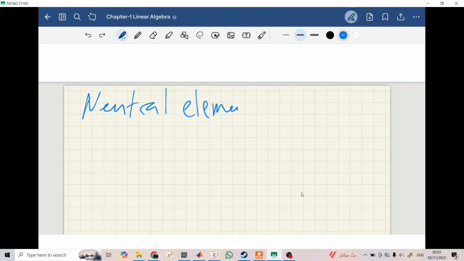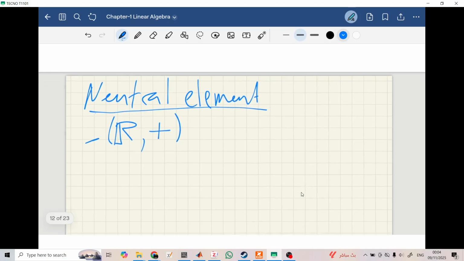Let's say that we have a set R, the real numbers, and we want to find the neutral element for the normal addition operation.